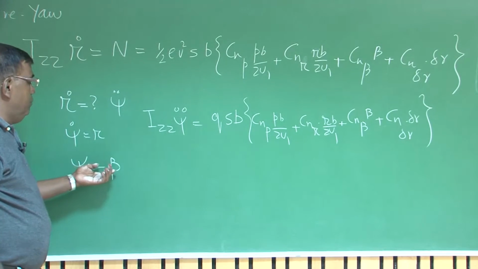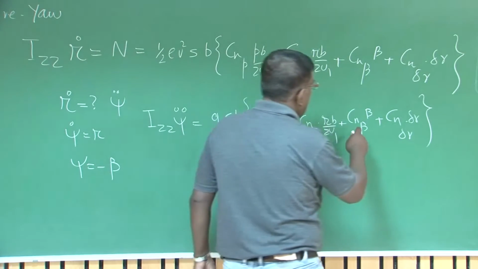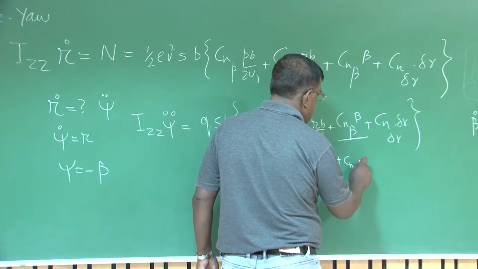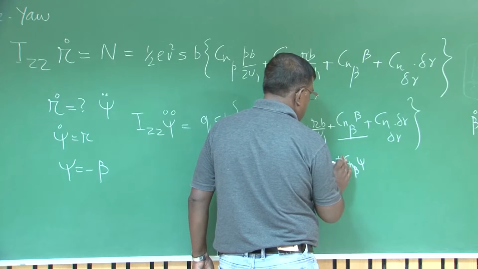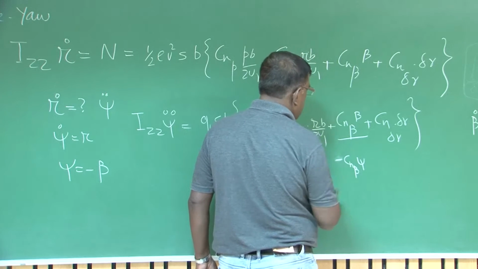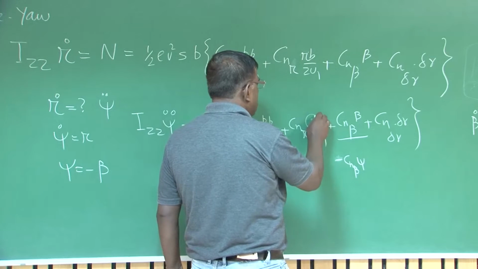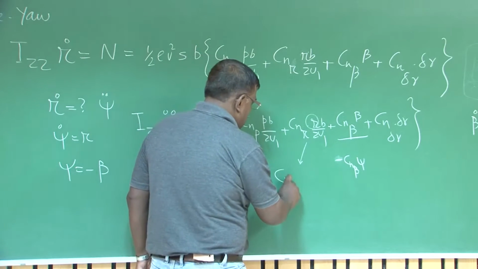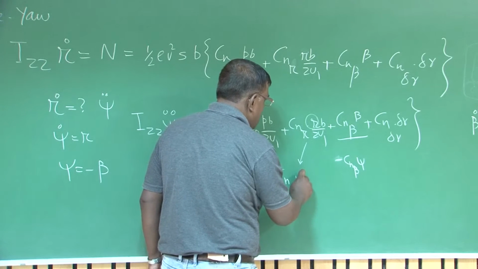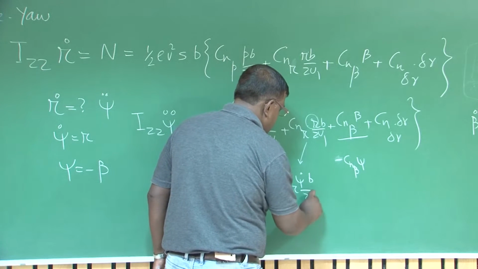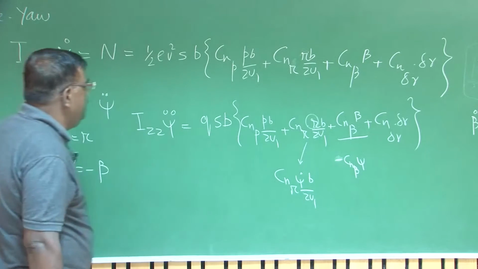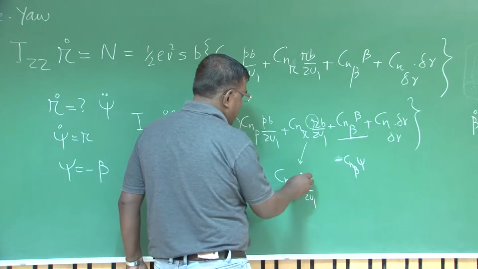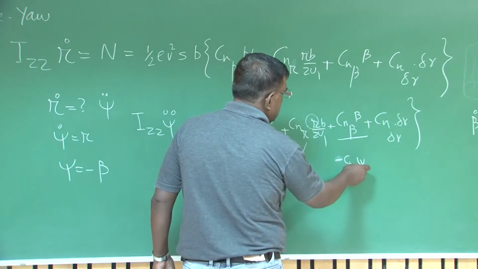We know psi equal to minus beta. So this term I will write as minus Cn beta into psi, and for this R, I will write CNR into psi dot b by 2U1. Is this clear what I have done? Psi dot is r, so for r I have written psi dot, and beta equal to minus psi. So, this minus this.